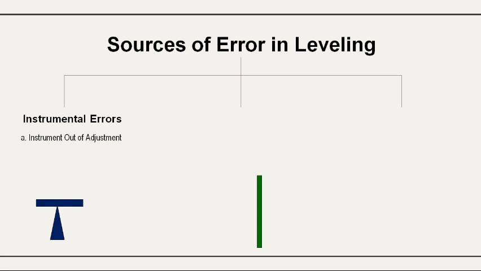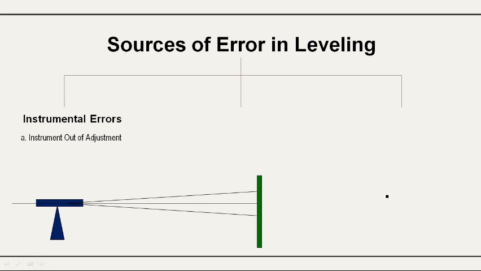Then we have the rod. In leveling, again, what should be horizontal is the line of sight itself. Since the instrument is not level, or is out of adjustment, instead of a horizontal line of sight, the readings we get are either upward or downward. So there are errors in our readings. But this type of error can be eliminated or minimized if our backsight and foresight distances are nearly equal.